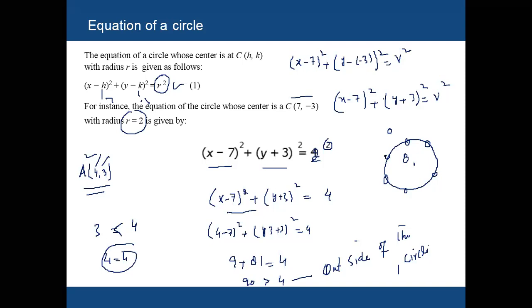Circle equation. A circle is a two-dimensional shape. The general standard form of a circle equation is x minus a square plus y minus k square is equal to r square. Yes, any question?